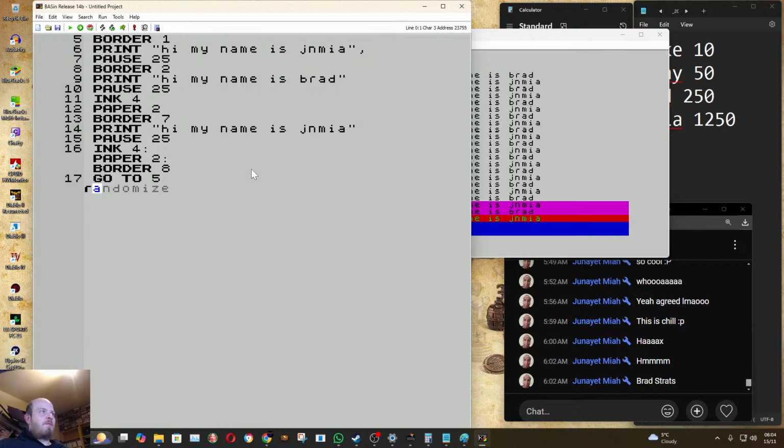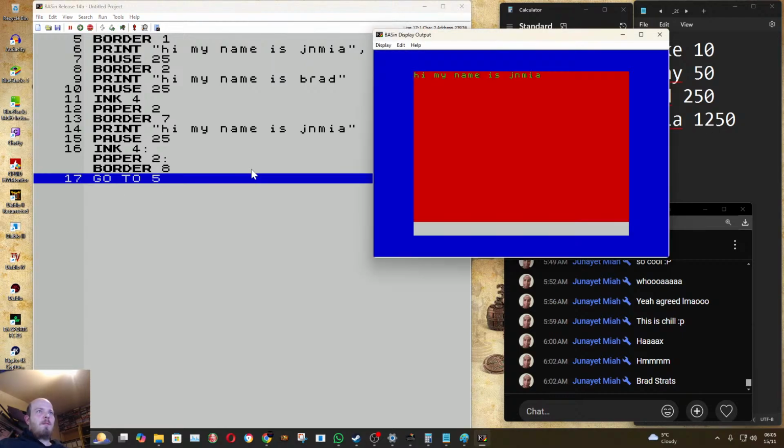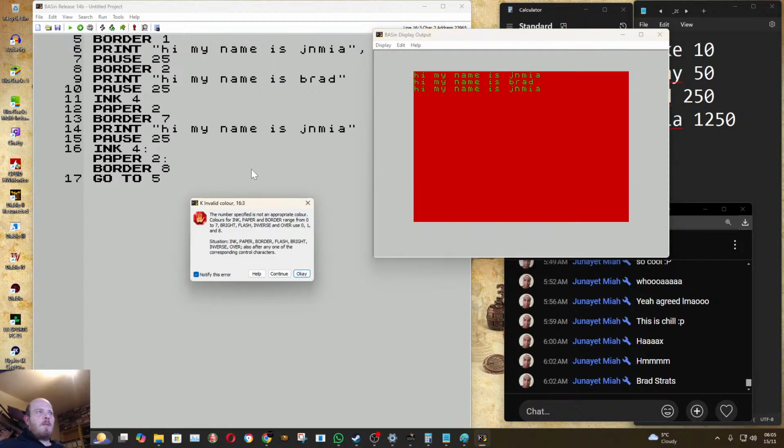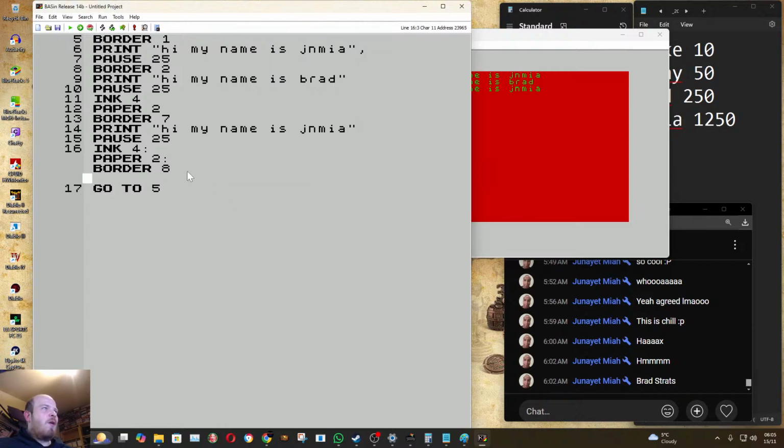So now I can run. It crashed. The number specified is not an appropriate color. The ink, paper, and border range from 1 to 7. Bright, flash, inverse, and over. Use 1, 0, and 8. Okay, so I used hacks. You can't have border 8. You can have 7. It told me that's why I messed up, right?